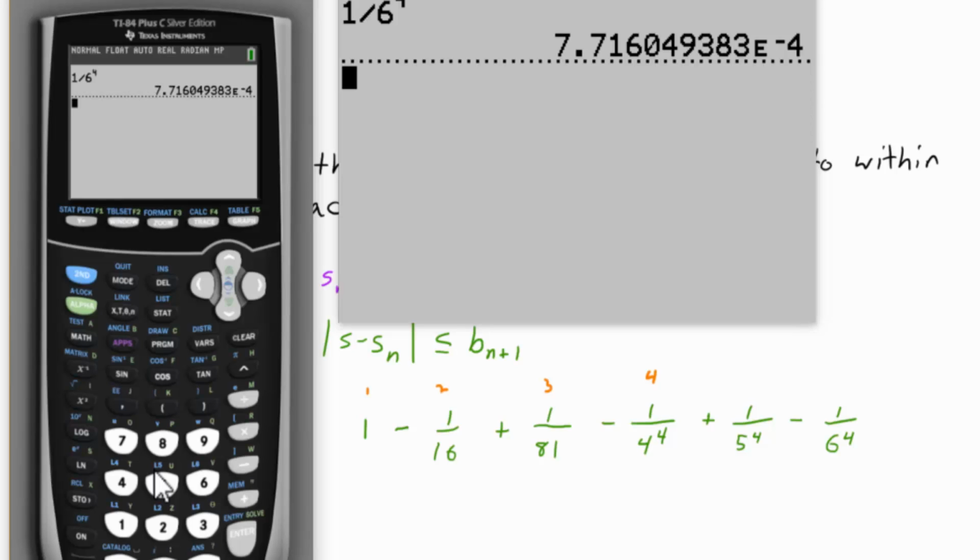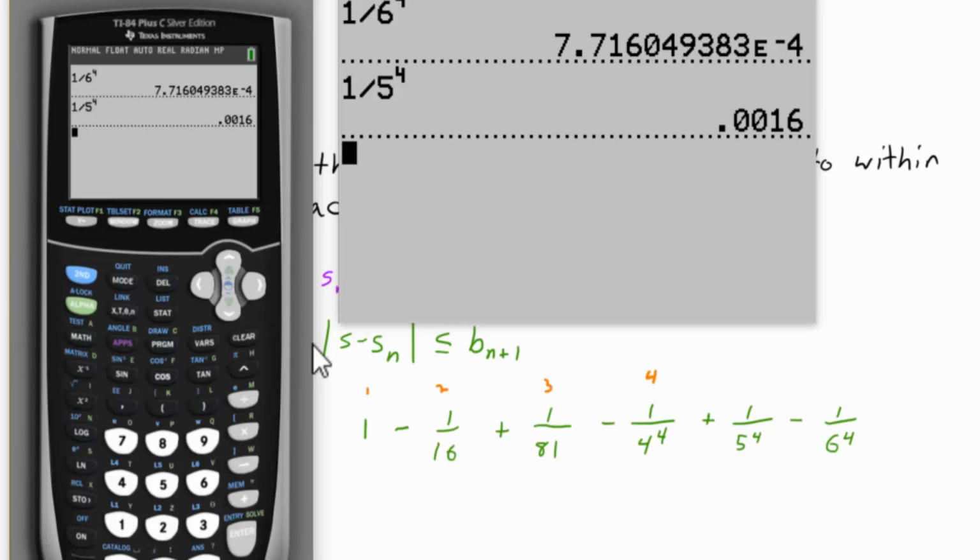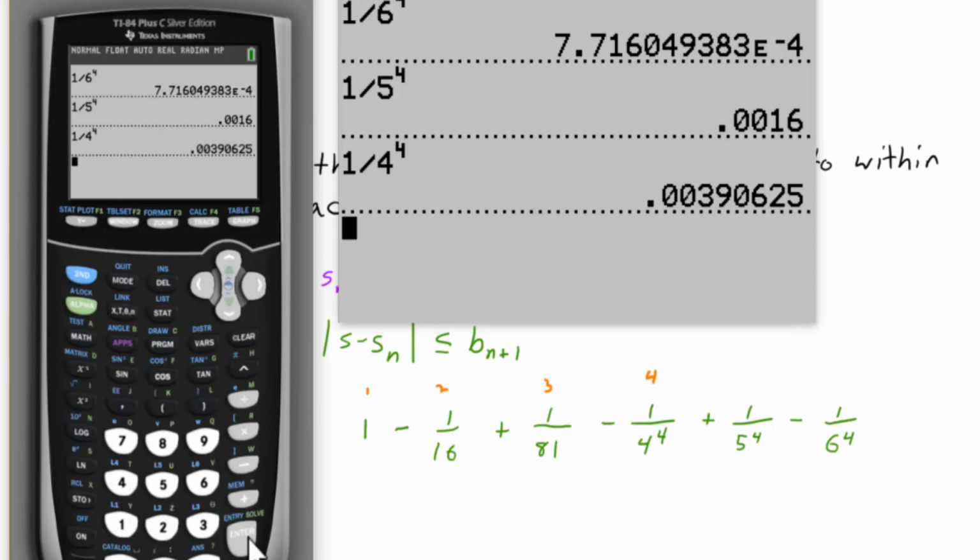So what is 1 over 5 to the fourth equal? 1 divided by 5 to the fourth power. Yeah, so that works also, doesn't it? What about 1 over 4 to the fourth? 0.0039. We just need it less than 0.01, right? So we're still okay right there.